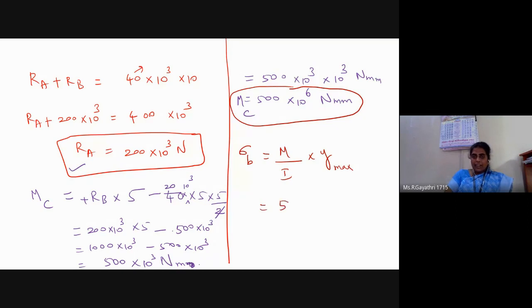M value 500 into 10 power 6 by I value 327.98 into 10 power 6, into y value 200.